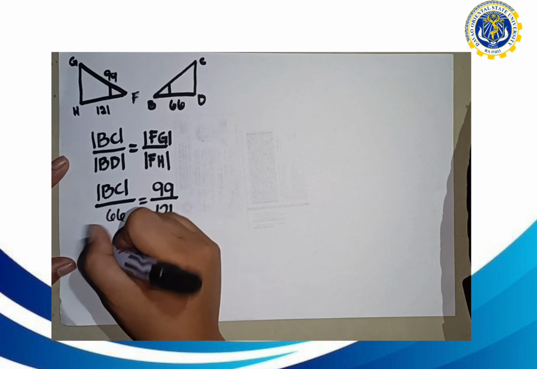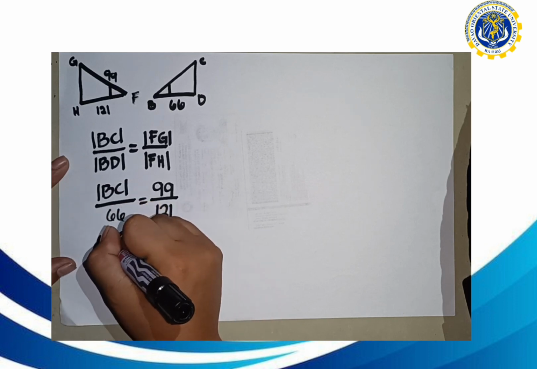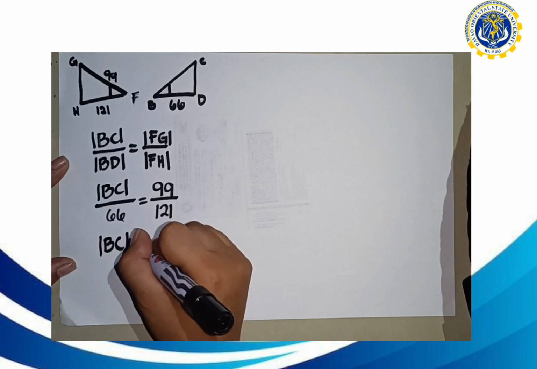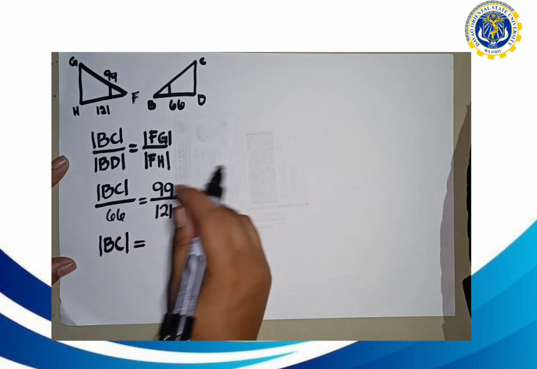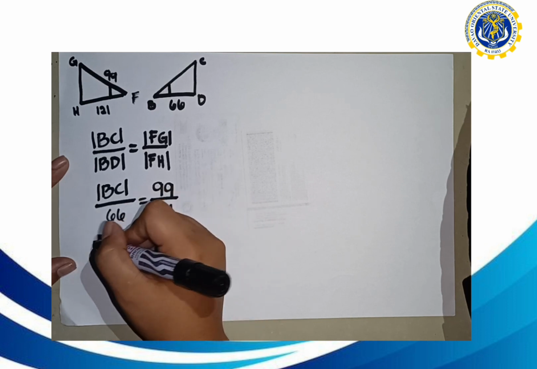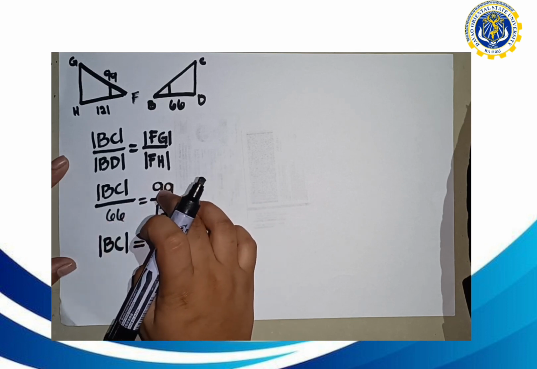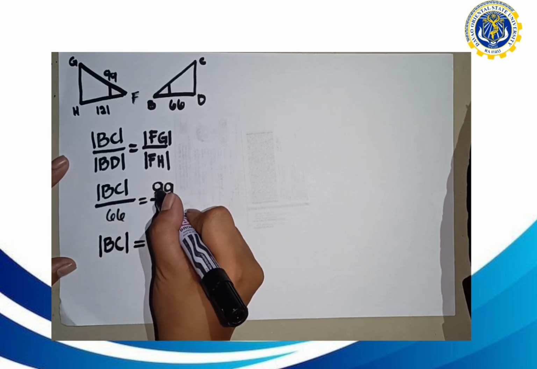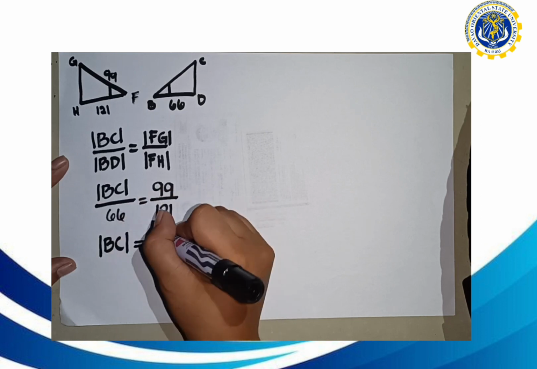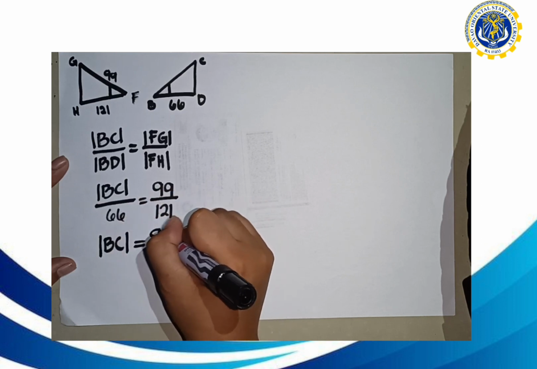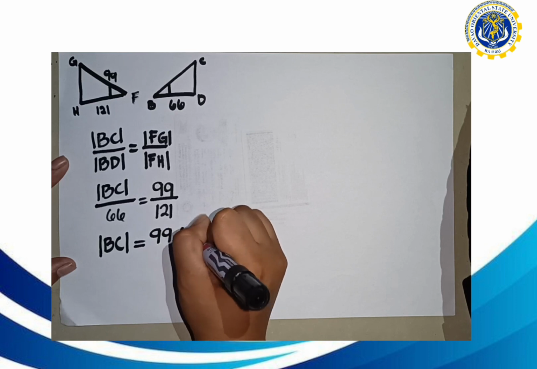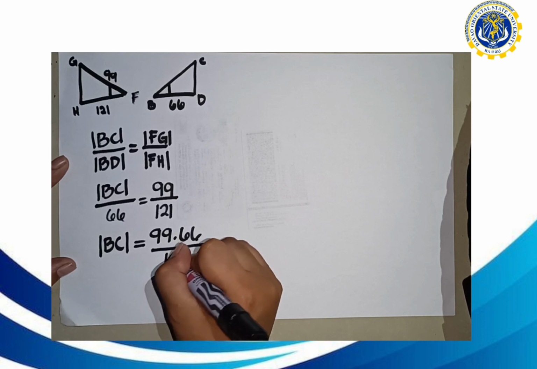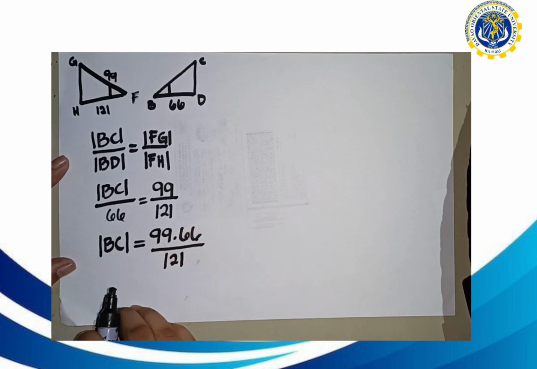So we copy the unknown, BC, which is equal to 99 times 66 over 121.